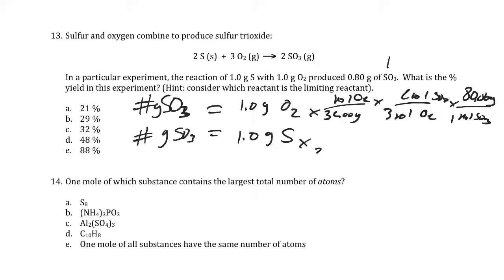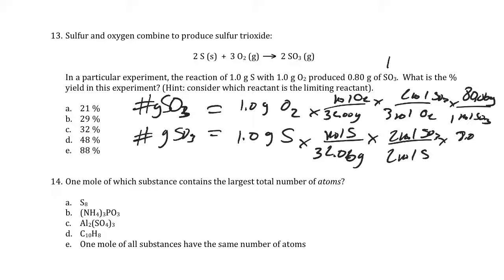And then likewise with sulfur, it's about the same as oxygen. It's 32.06 grams per mole of S, but the difference here is for every 2 moles of S that react, we still produce only 2 moles of SO3, and then it's 80.06 grams per mole of SO3.